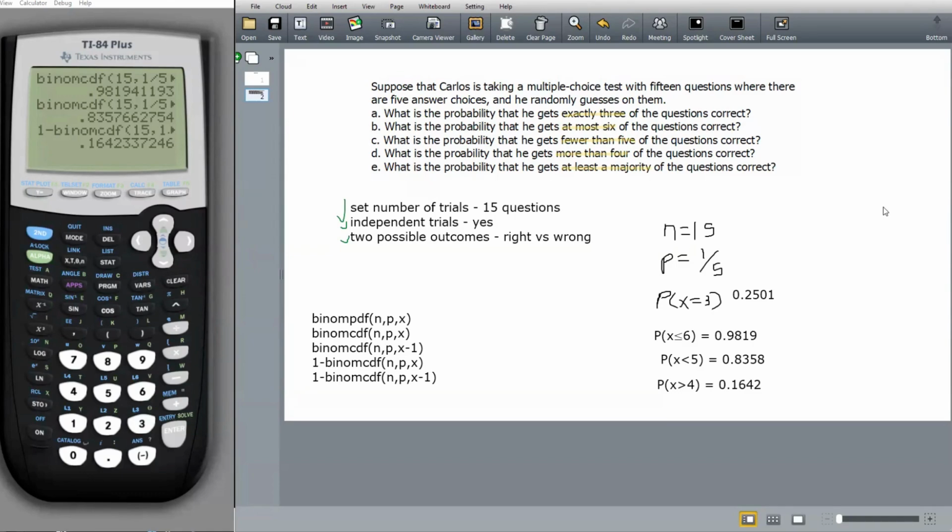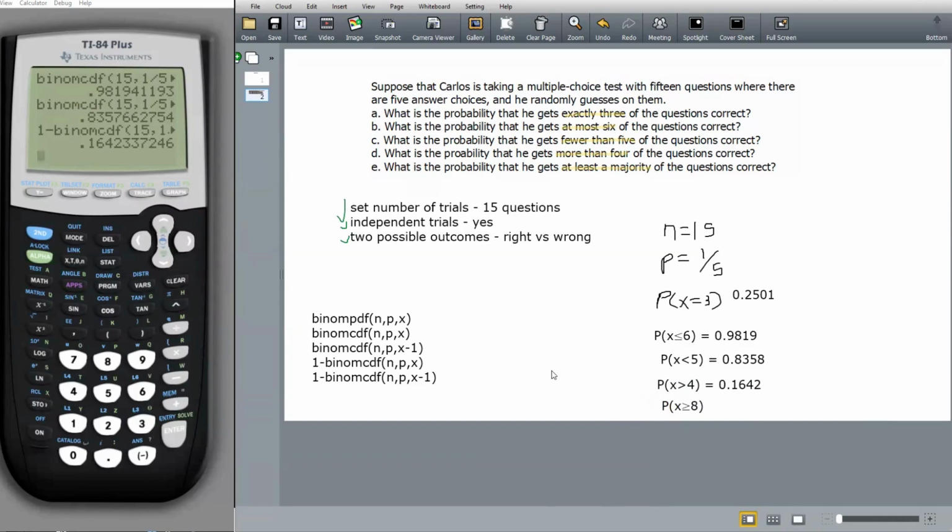So a majority, or more than half of 15, is going to be 8. So the way I can rephrase this is I am trying to find at least 8 of the questions. Just like how at most is less than or equal to, at least is greater than or equal to. So the probability I am calculating is the probability that x is greater than or equal to 8.